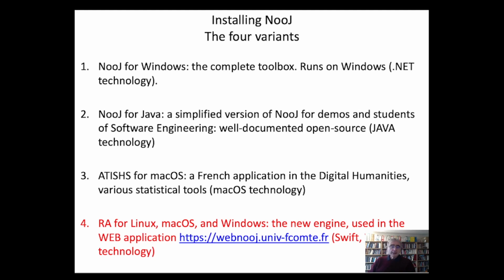And RA, which is a set of command line programs that can run natively on Linux, macOS or Windows. It's used in the web application WebNudge. It can be used to build a web API. It has been written in Swift, and it uses Vapor technology, which is a server technology.